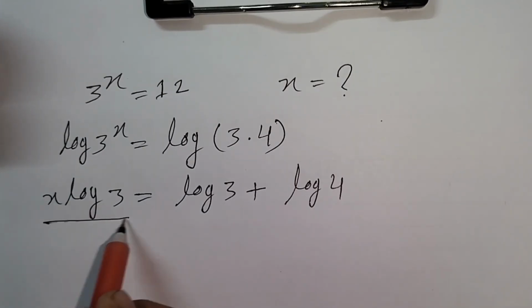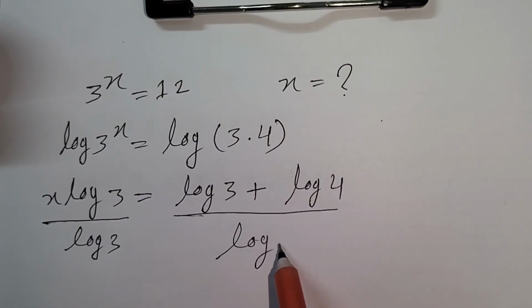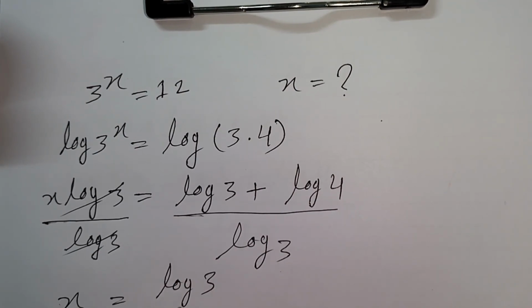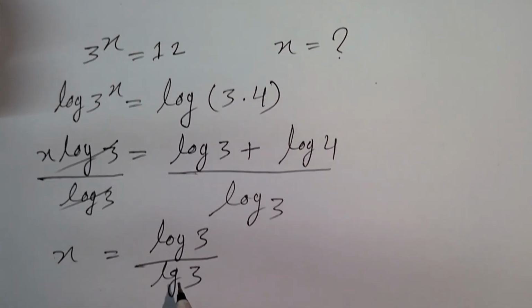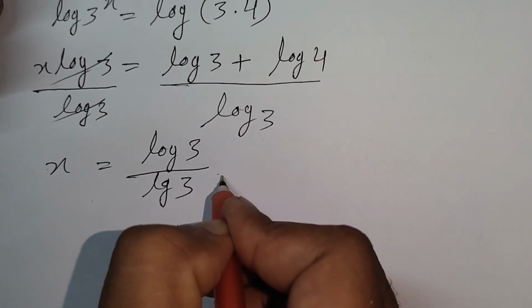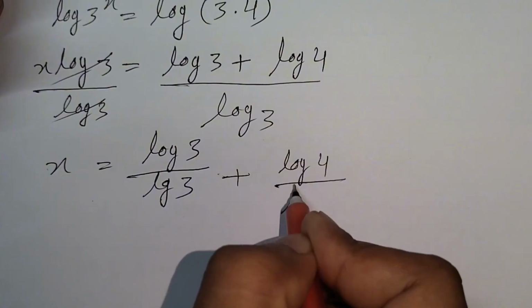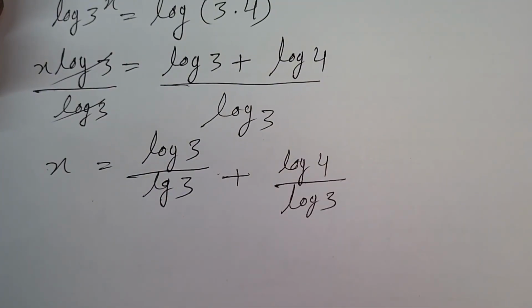Divided by log 3, divided by log 3. Log 3 will be cancelled. X is equal to log 3 divided by log 3 plus log 4 divided by log 3.